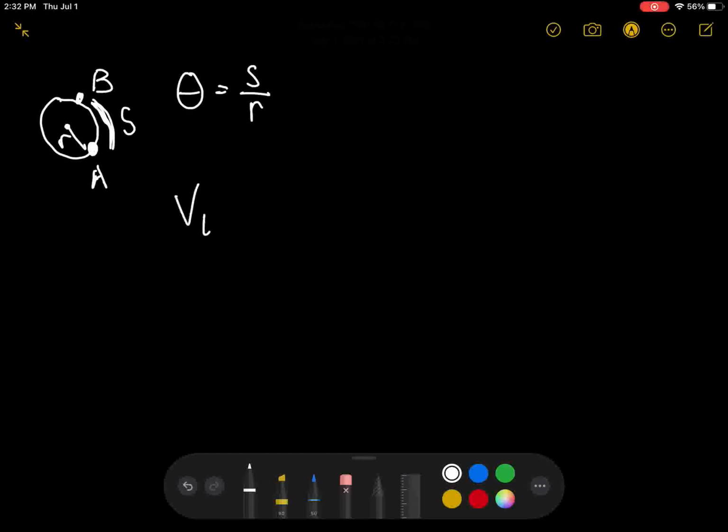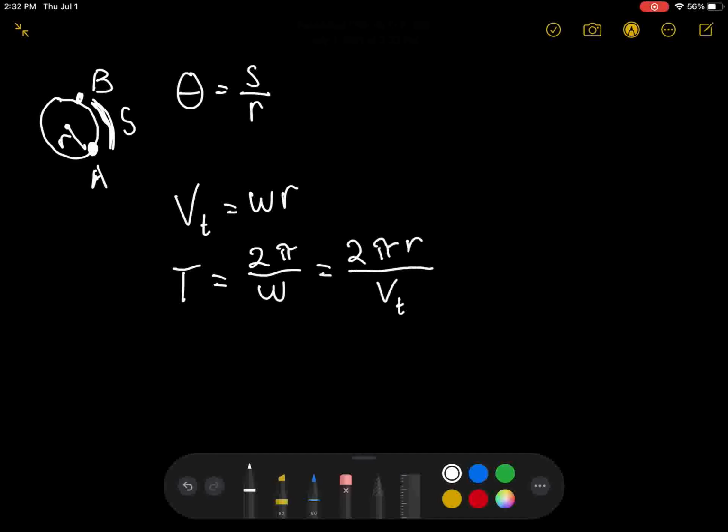The tangential velocity is the angular velocity times the radius. The period is going to be 2 pi divided by the angular velocity, or another way written, it's 2 pi times the radius divided by the tangential velocity.